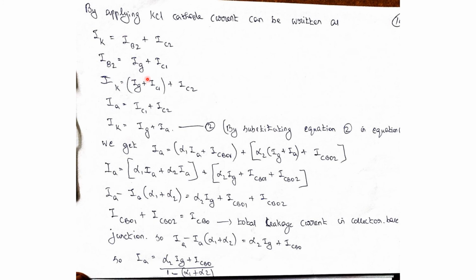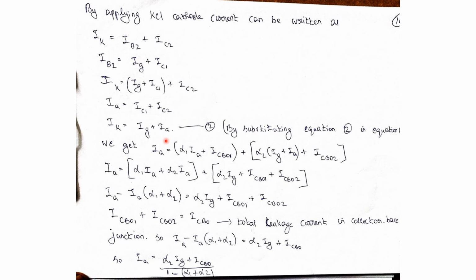IB2 is the collector current plus IG, where IG is the gate drive. IK is equal to IG plus IA plus IC2. IA is equal to IC1 plus IC2, that is, the anode current is the addition of collector 1 and collector 2 currents. IK, the cathode current, is equal to IA plus IG, anode current plus gate drive.